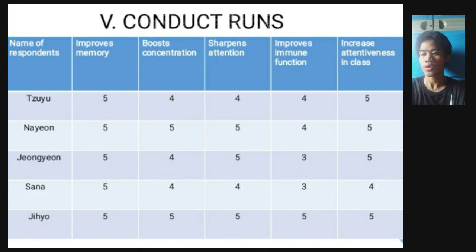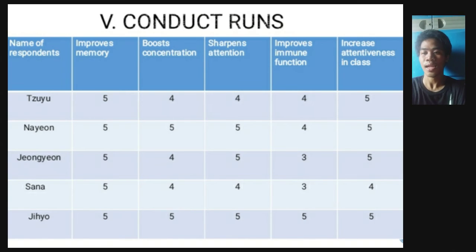And next, Jungyeon. Improves memory, 5. Boosts concentration, 4. Sharpens attention, 5. Improves immune function, 3. Increases attentiveness in class, 5. And for the fourth, Sana. Improves memory, 5. Boosts concentration, 4. Sharpens attention, 4. Improves immune function, 3.